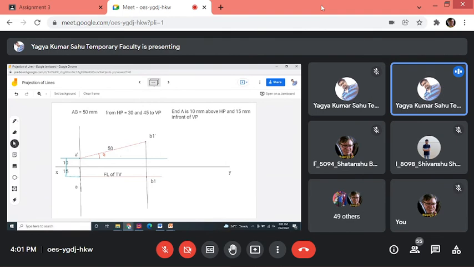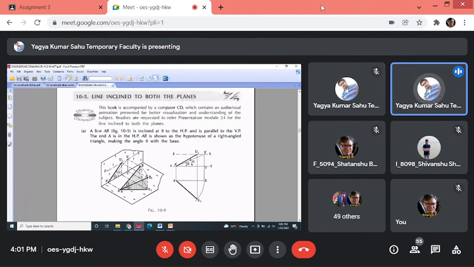Okay. Secondly, you can see in this figure, while giving it inclination to VP, just see capital B and capital B1. Distance of capital B and distance of capital B1 from ground. Okay. Is it changing while giving inclination to vertical plane?